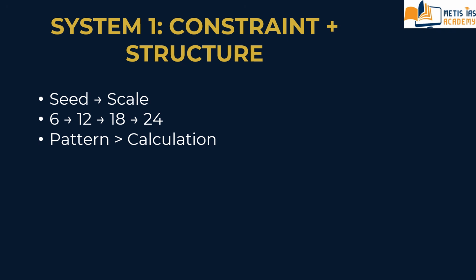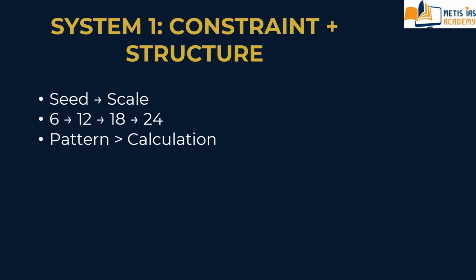That is a CSAT 2025 question we have taken verbatim. A natural number n is such that it can be expressed as n equal to p plus q plus r, where p, q and r are distinct factors of n.